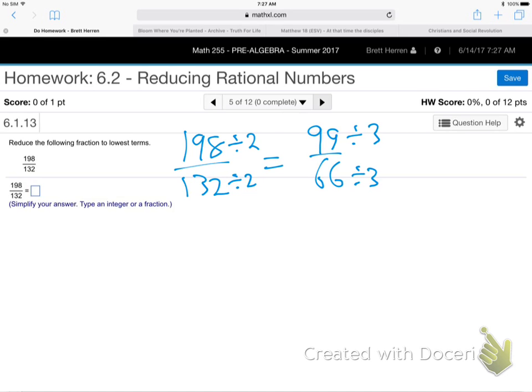You can do whatever you want. 33 over 22. Then you can divide by 11. 3 halves. There it is. And it's okay to leave the top bigger. No problem leaving the top bigger. 3 halves on that. Good? Easy enough. No problems. Divide on your calculator.